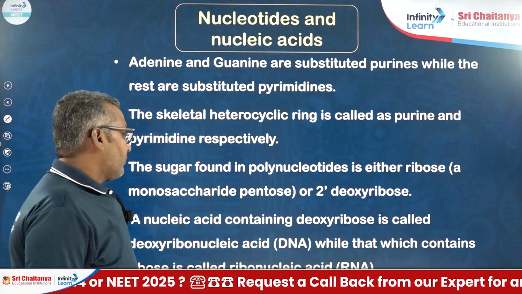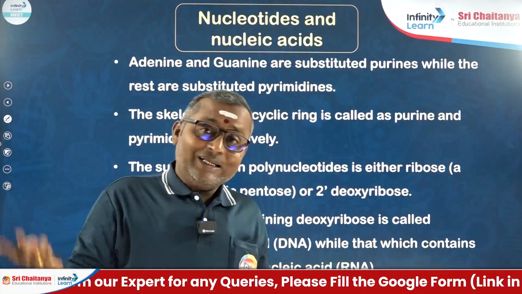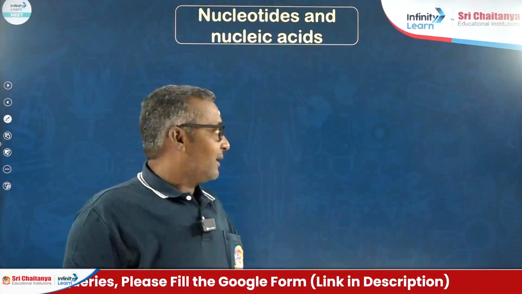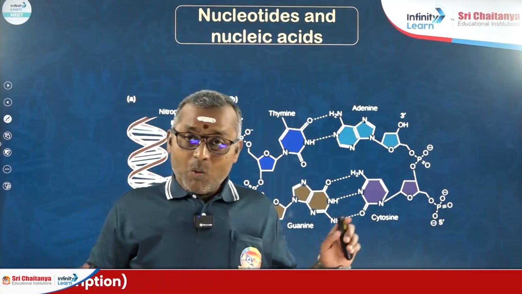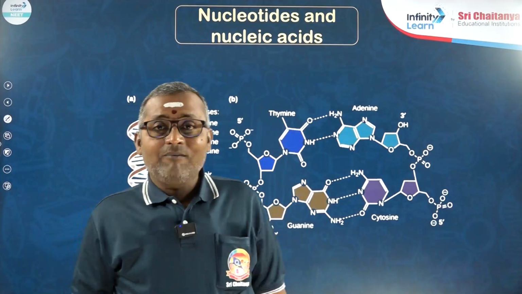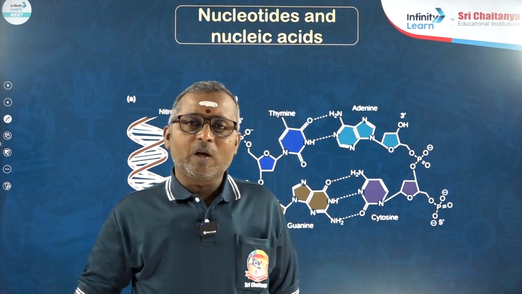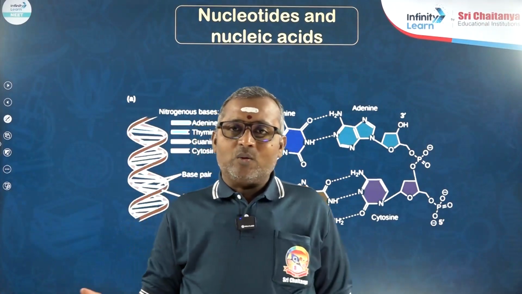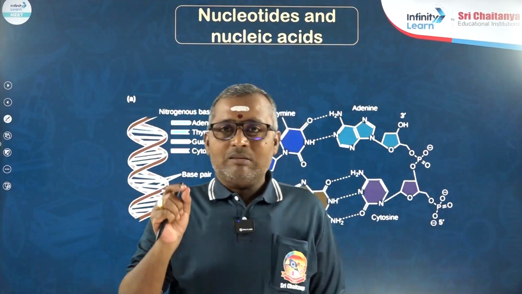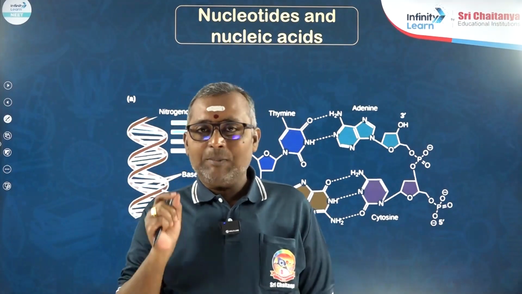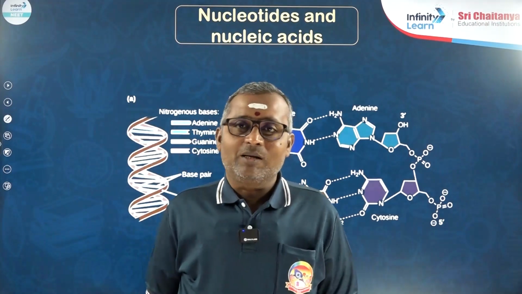Both can act as genetic material, but most organisms have DNA as genetic material. All cellular organisms, including all prokaryotes and all eukaryotes, have DNA as genetic material. Exceptionally, some plant viruses and some animal viruses have RNA as genetic material.